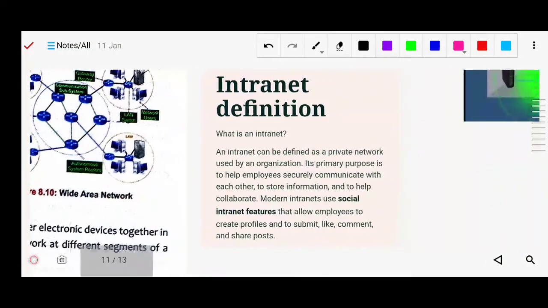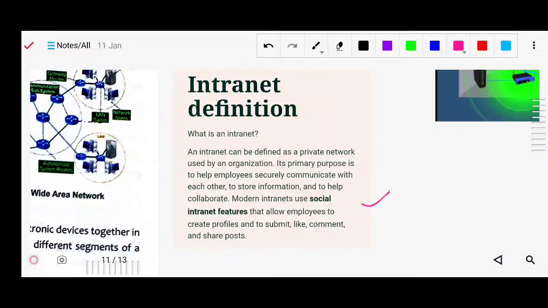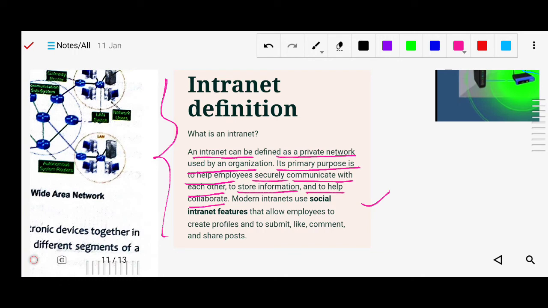As you can see, I have given some definitions of the intranet. An intranet can be defined as a private network used by an organization. Its primary purpose is to help employees communicate with each other, store information and collaborate. A modern intranet is a social infrastructure that allows employees to create profiles, submit comments, and save and share their posts.